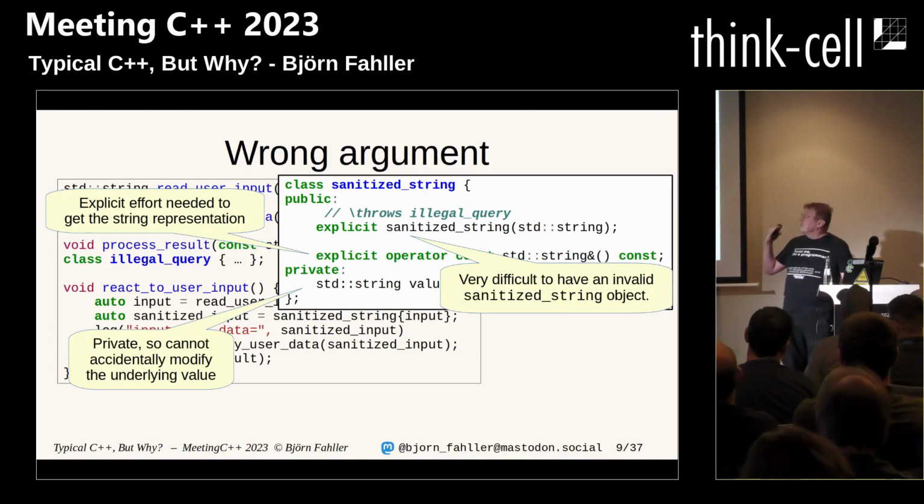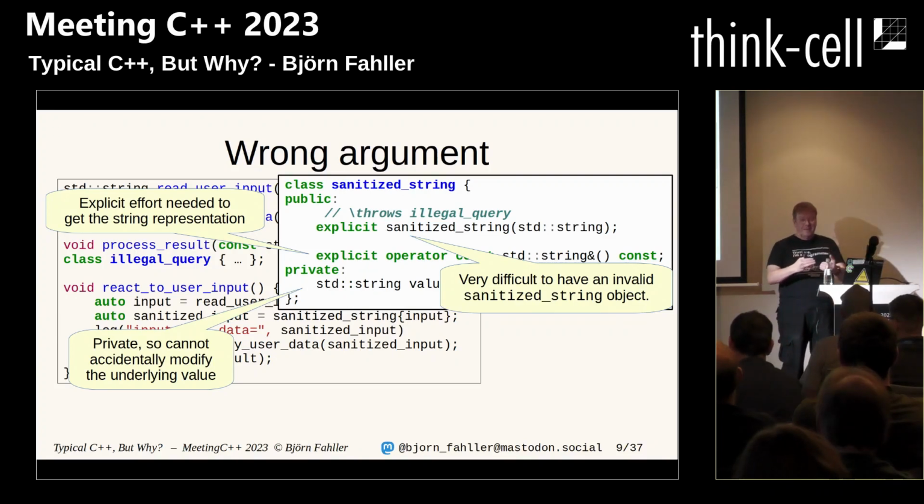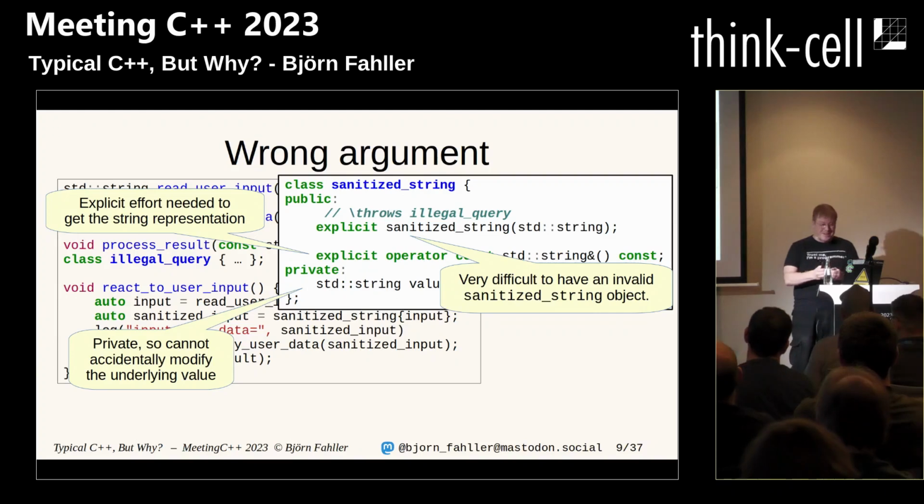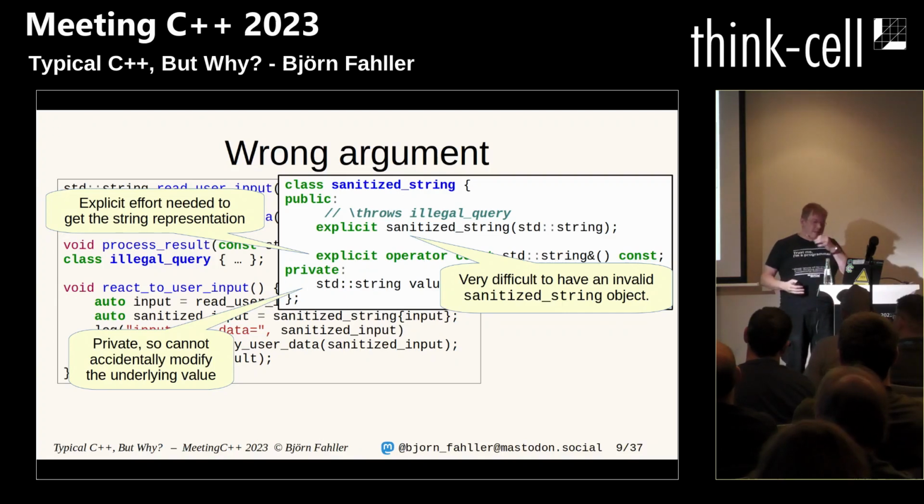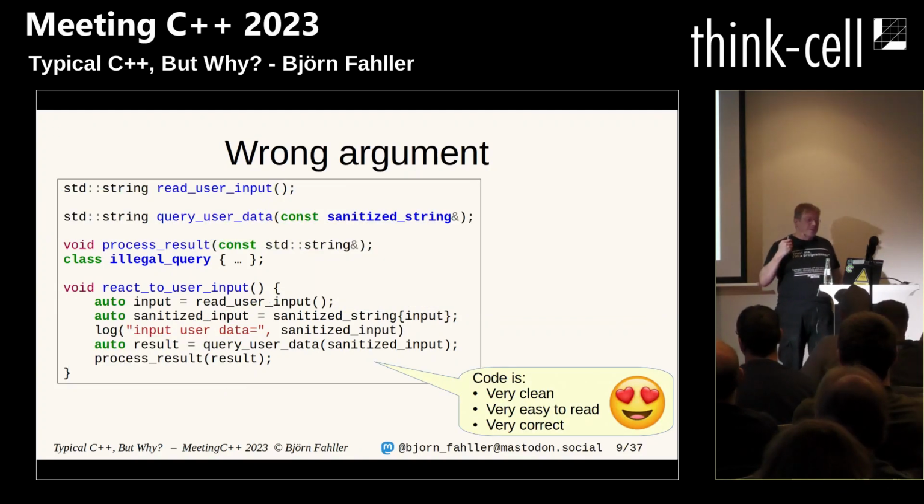Which means that it's very difficult to get a sanitized string that is not possible to use. Because if it's too bad, it will throw, then you don't have an instance. If it doesn't throw, you have to explicitly ask to get the string representation, and the API uses the sanitized string.